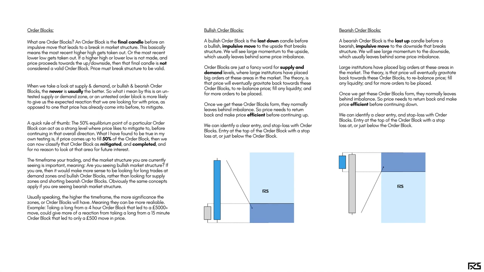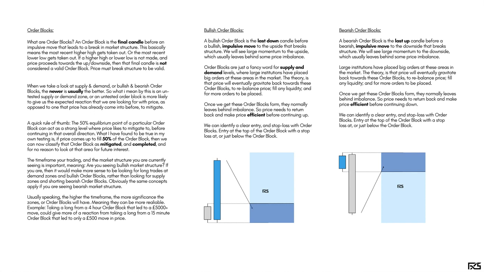So if price comes up to reach 50% of a particular order block, we can class that as a completion of that mitigation. But it's definitely important that you do your own research and backtest, because you may find it doesn't work as well for you. You may have different rules.